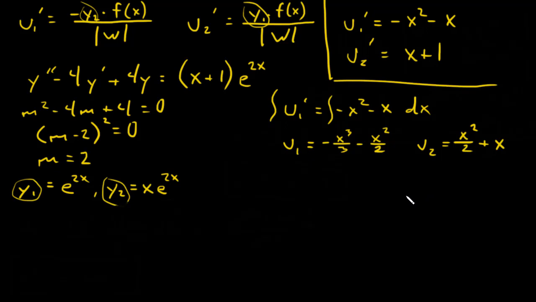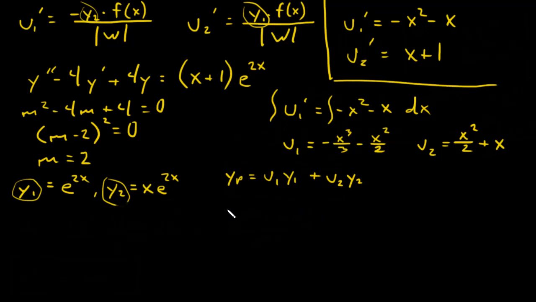Way, way back at the very beginning of all this derivation, we said that my y sub p was equal to u1 y1 plus u2 y2.